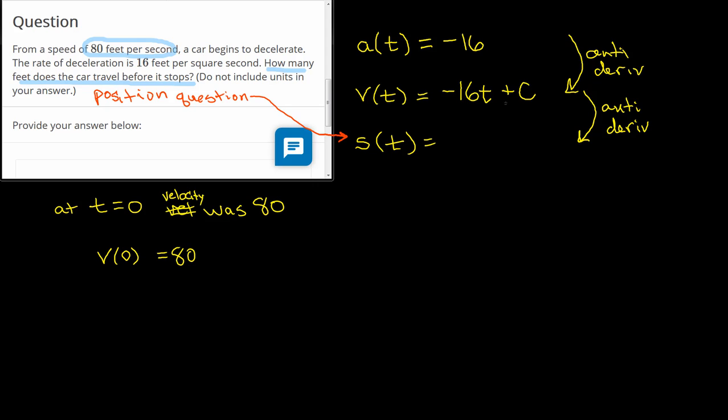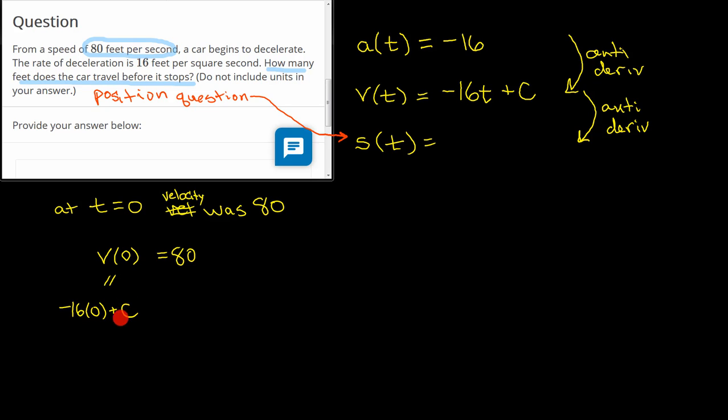But now let's use this formula. If I put 0 into this formula, v of 0 is equal to negative 16 times 0 plus c, right? If I just use this formula right here and put 0 in for t, then this is what I get.